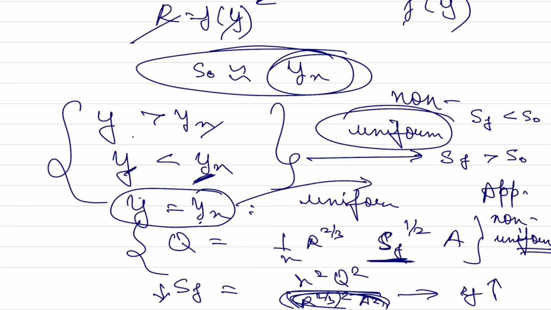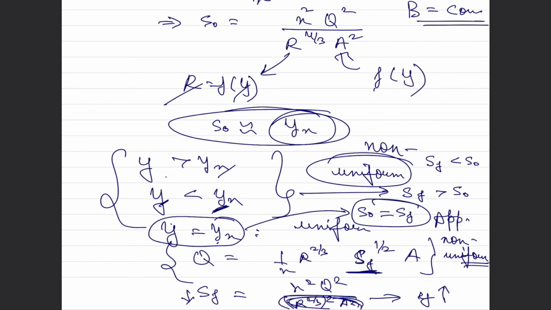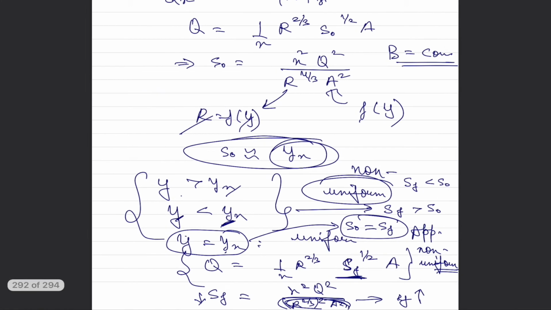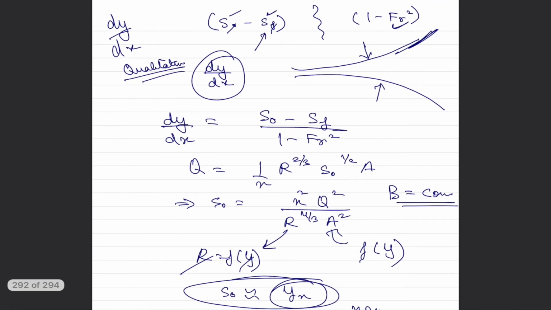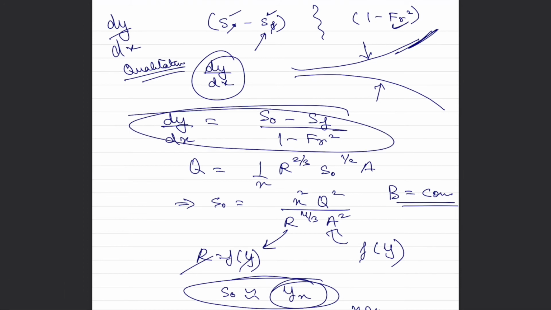And third case, when y is equal to y naught, we will say that S naught is equal to SF, or it is indeed a case of uniform flow because normal depth coincides with actual flow depth. So this is important because we are going to use this as a governing equation, and the sign of S naught minus SF matters.